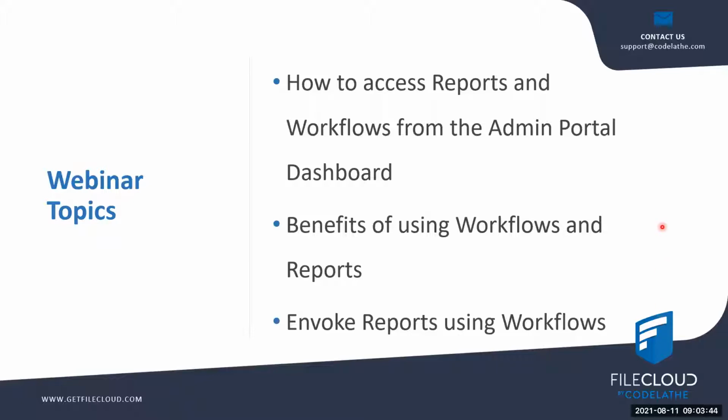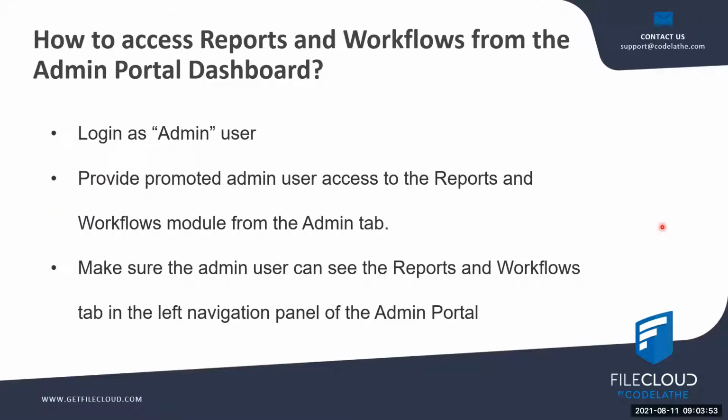So to start with, you will need to promote a user to an admin role, and you will need to add the admin user to a role that would have access to reports and workflows.